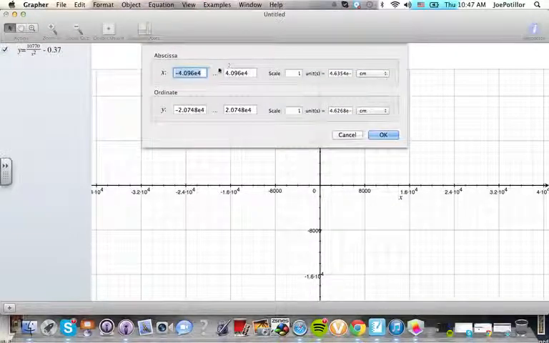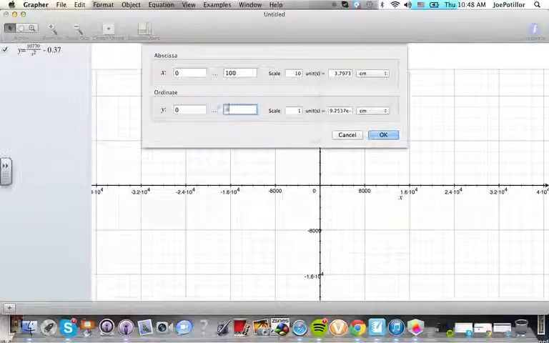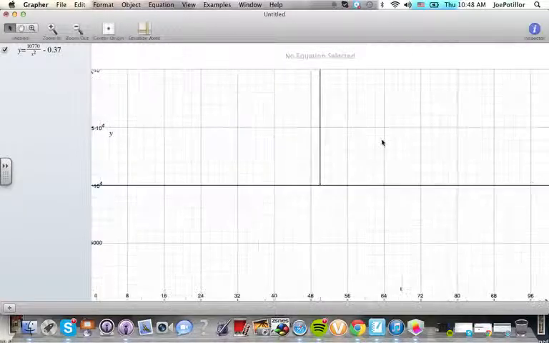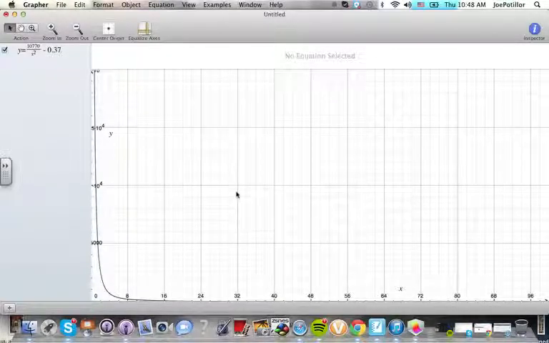Oh, frame limits. Okay. So let's try x from 0 to 100 by a scale of 10. Let's try my graph 0 to 20,000 by a scale of 5,000. We should do it like that. So the graph looks a little bit like this. So you can kind of see the graph.